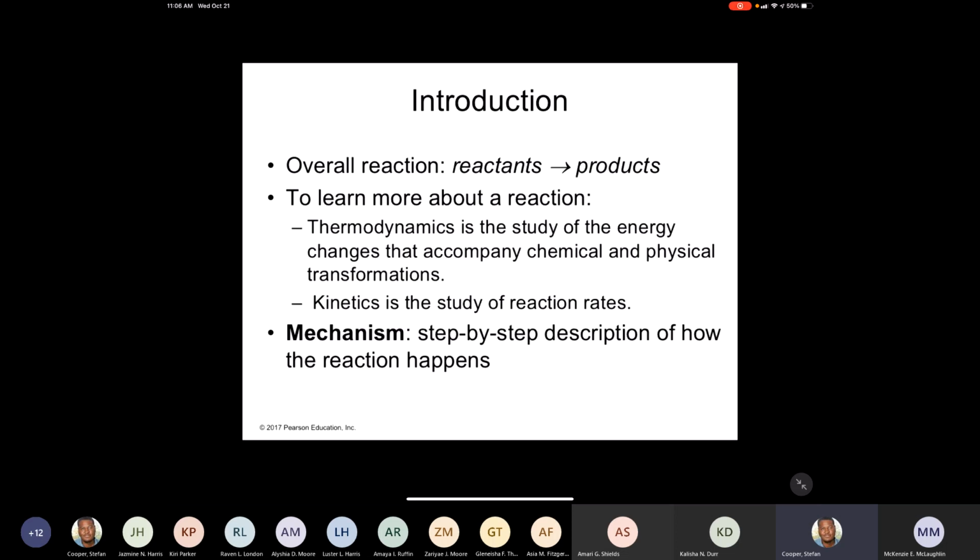Thermodynamics has a nice relationship to a word you heard in general chemistry, equilibrium, which tells you to what extent a reaction has occurred. And you heard kinetics and rate laws to describe how fast a reaction is occurring. Both of those things are very important.